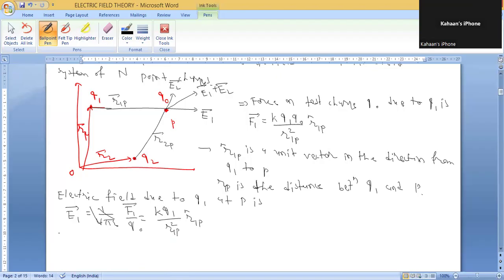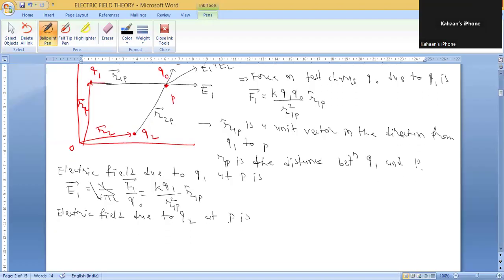Now, similarly, the electric field due to Q2 at P is E2 equal to K Q2 by R2P square into R2P cap.